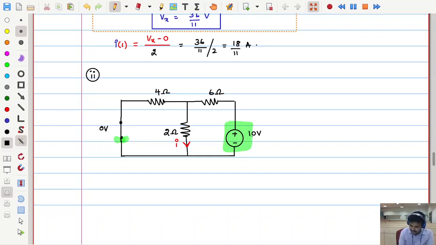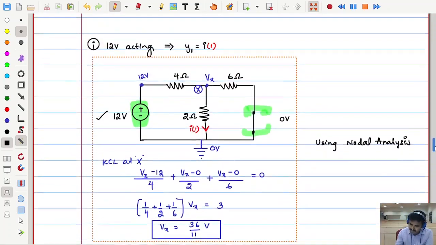When only this second source is there, let us consider the corresponding current as the second source response, I of 2. This is the response like Y2. Now see here, case 2 is 10 volts active. What is the output here? Some Y2, and Y2 here is I of 2.